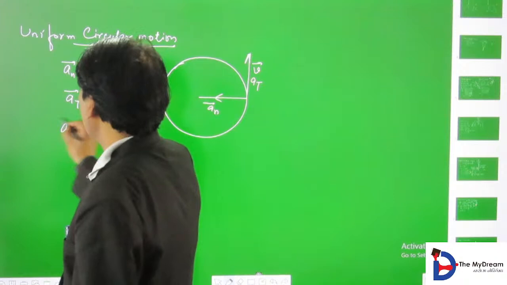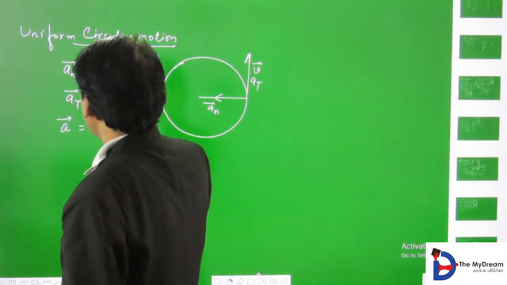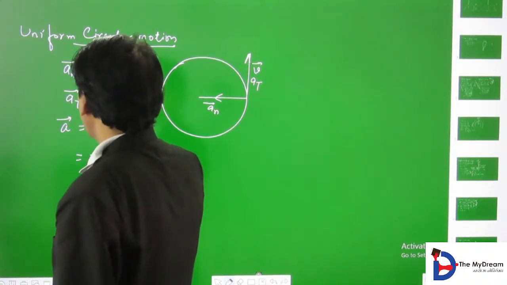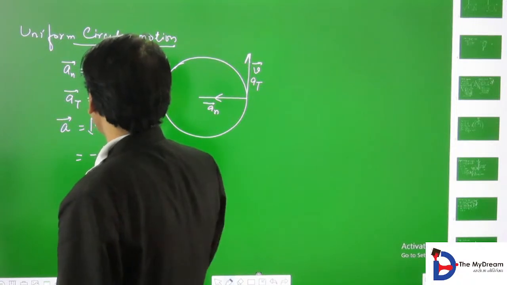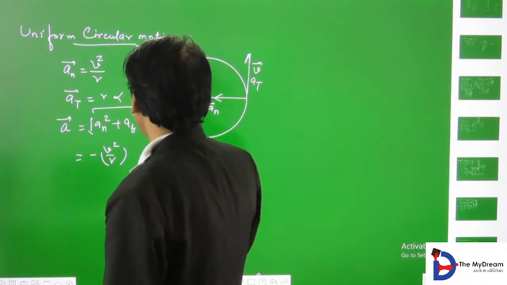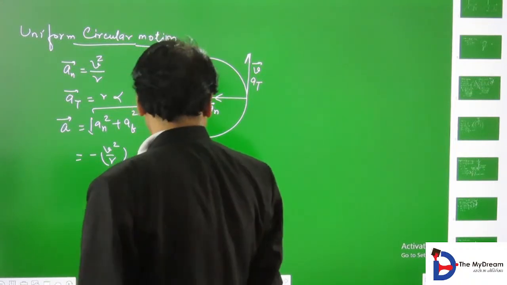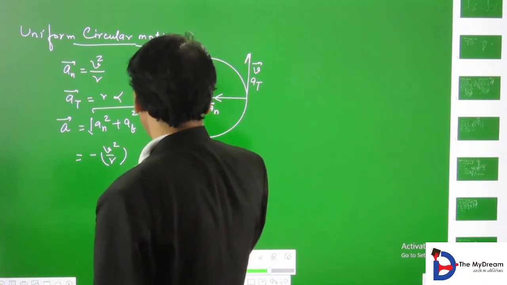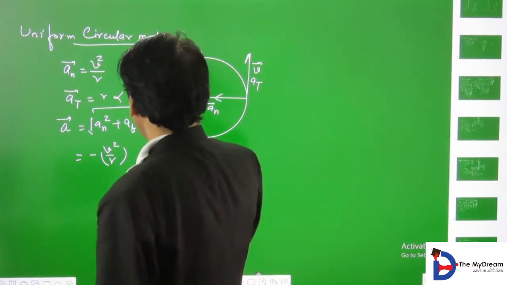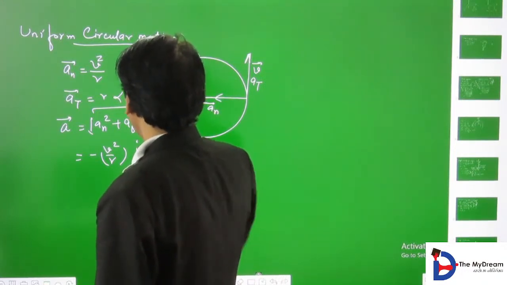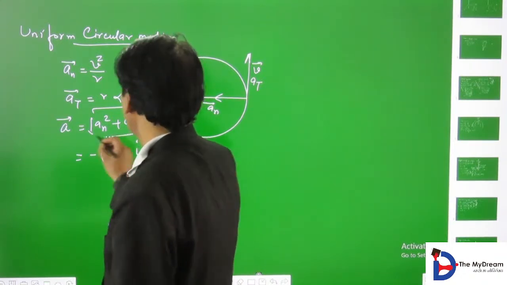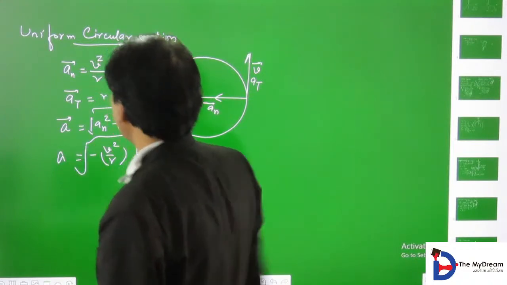It can be written down as the square root of a_n square plus a_t square, which is minus v square by r, and this is alpha theta. Take I, take j, square it. This is the effective one.